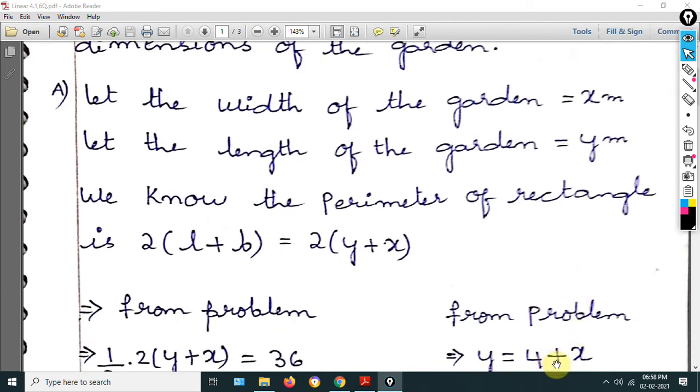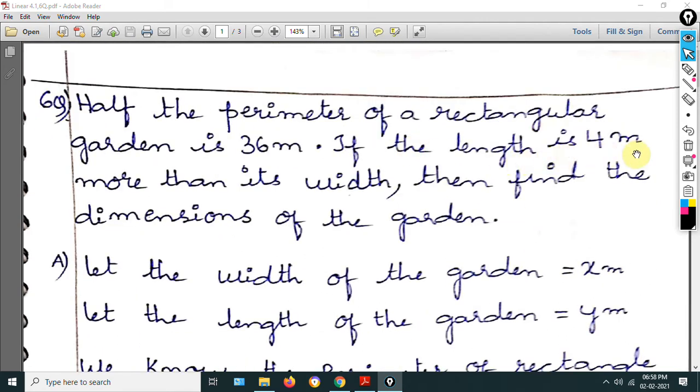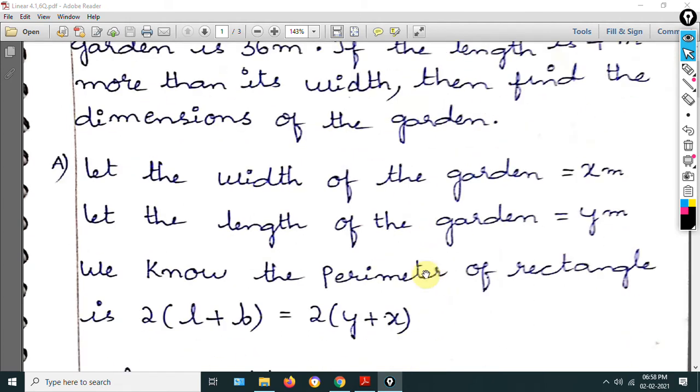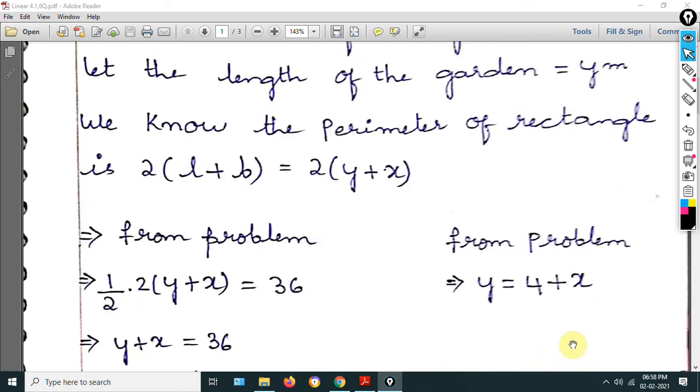So 4 plus how much is width? x. So 4 plus x. Why? Because the length is 4 more than its width, so from the width we are adding 4. So 4 plus x. This is the second equation we have got from the problem.